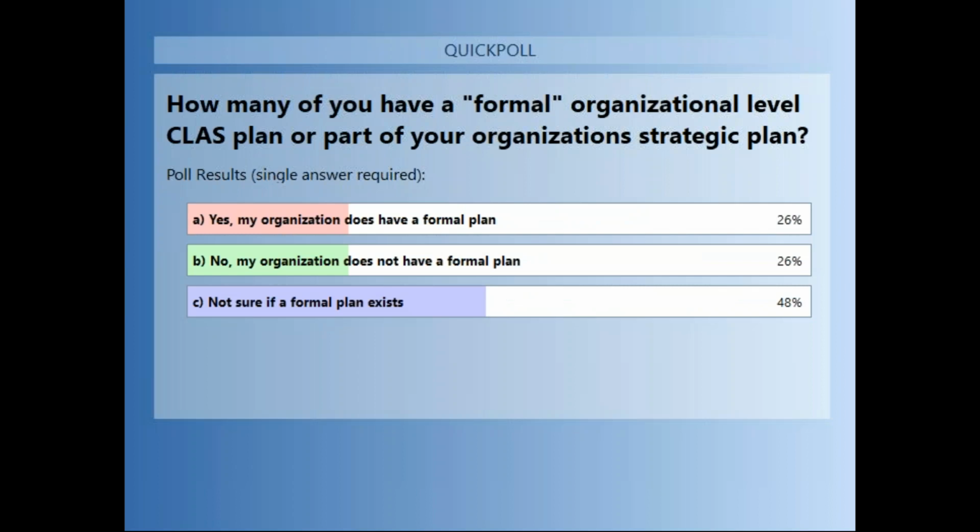Okay, results. A majority of you are not sure that a formal plan exists. Then, coming in equally at 26%, some of you said you do have a plan and others do not have a plan. Great. Well, we're going to talk about how to do an assessment, how to put together a plan, and we're going to share some tools that can help you do all that.